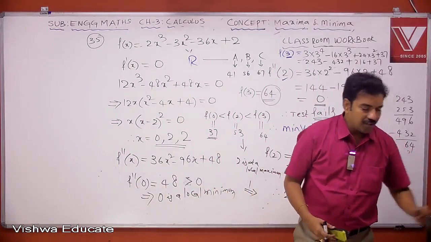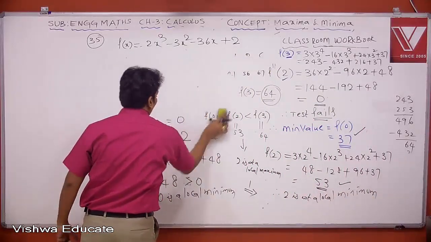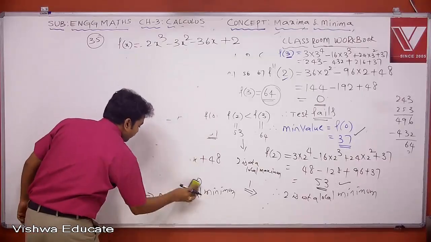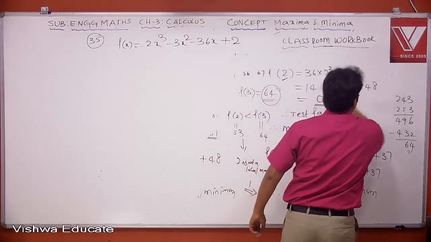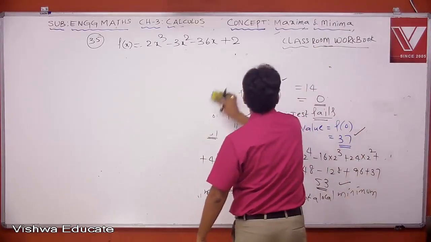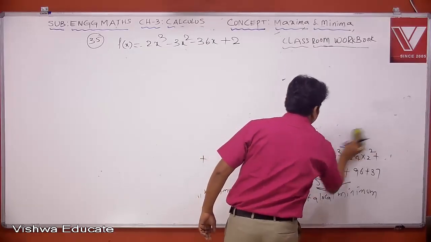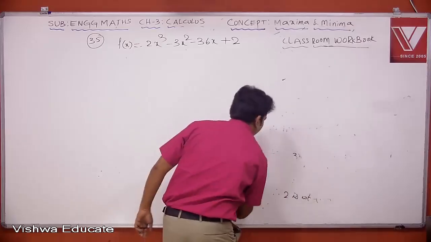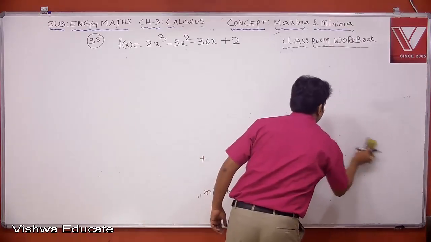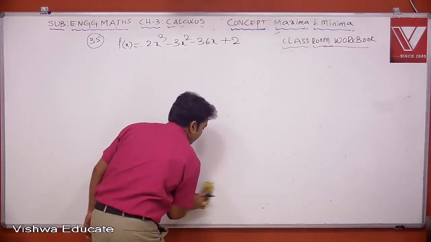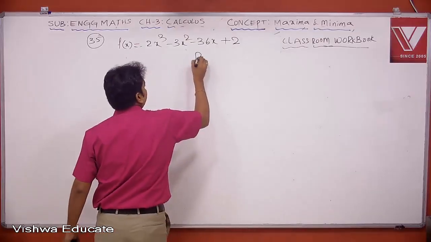Okay, now let us see what is the domain of this function. Because interval is not specified, obviously you need to take the domain as the set of real numbers.